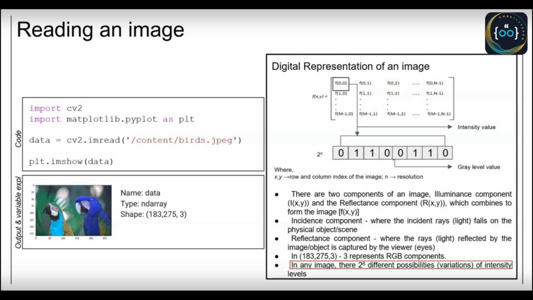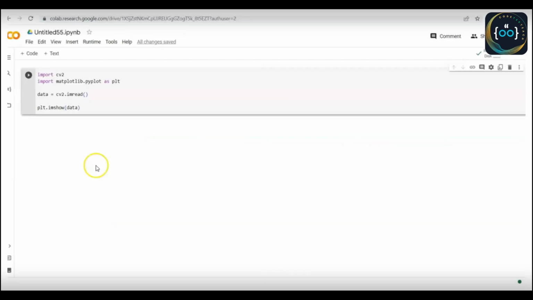This variation in brightness levels helps to provide detail and depth in an image. Now, let us go ahead and execute the code. As far as the code is concerned, we import the necessary modules, which are cv2 and matplotlib.